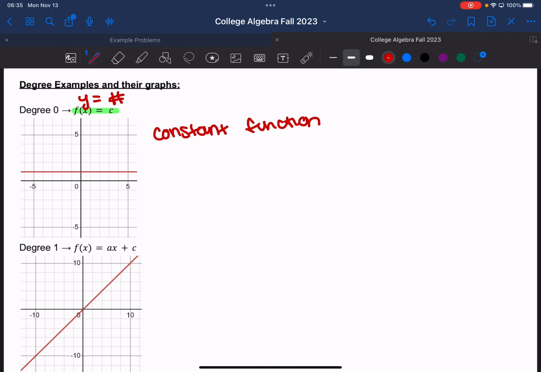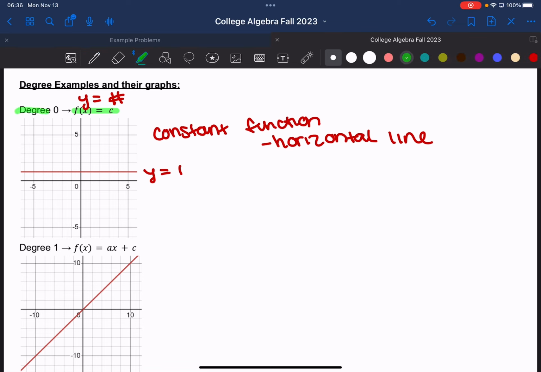So in this graph, we have y is equal to 1. In a constant function, the graph is always going to look like a horizontal line. And since this does not have any x value, we say the degree of this function is 0.